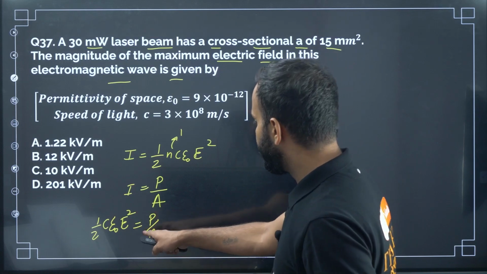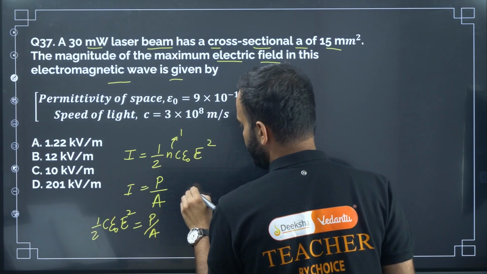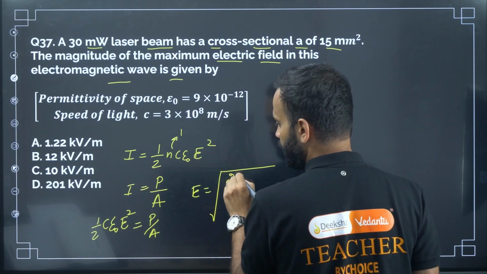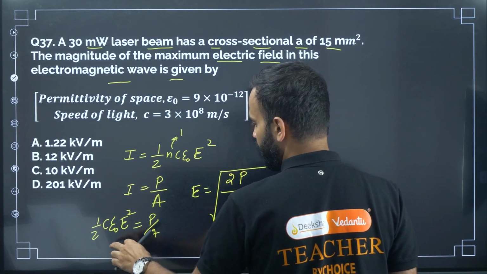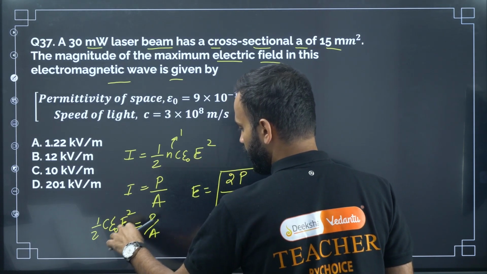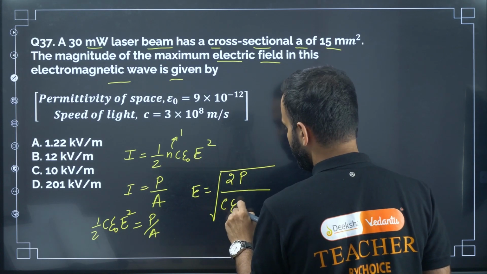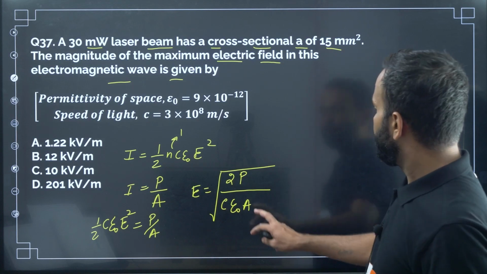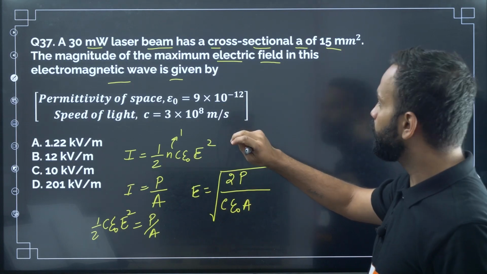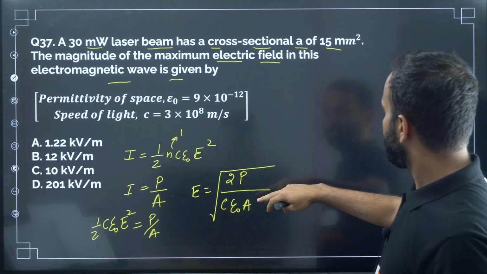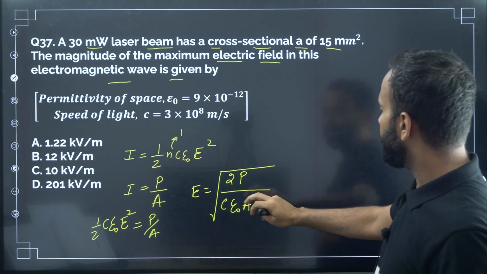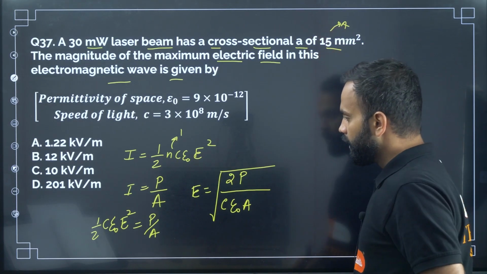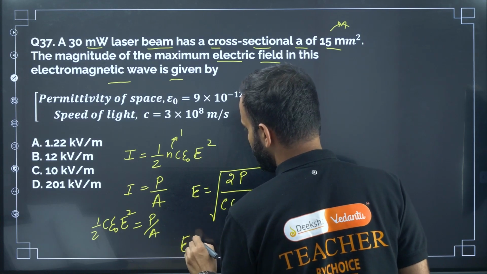So we need to find E. So now E is equal to root of 2P divided by C epsilon naught A. We know the value of P, that is 30 milliwatt, and we know epsilon naught, the value of C, and the value of A. So now substitute all the values.